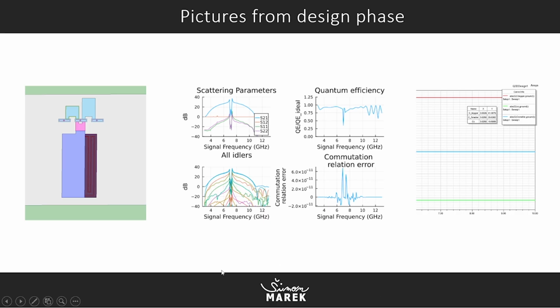This is the one cell for our traveling wave parametric amplifier. There is a capacitor, an inductor, and the Josephson junction, and capacitors to connect each Josephson junction. So here are some plots for our amplifiers.